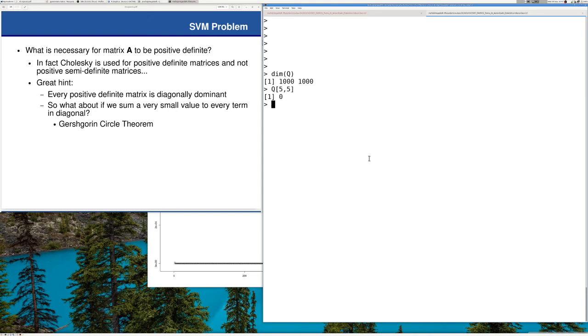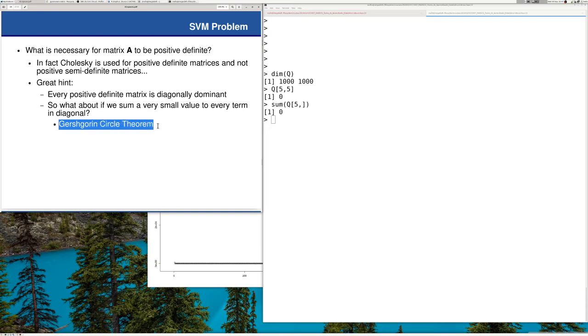Take a look. What should be the result? Actually, this element should be at least equal to the sum of its row. At least equal to the sum. But actually, it has to be a little bit greater than the sum. So I need to add a very, very small value to ensure what is called the Gershgorin circle theorem.